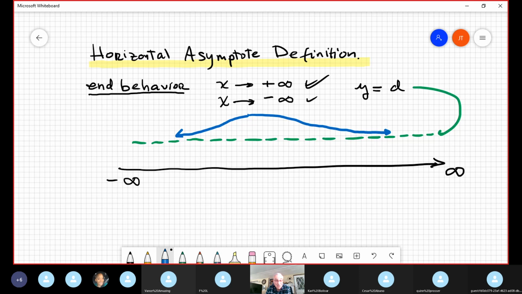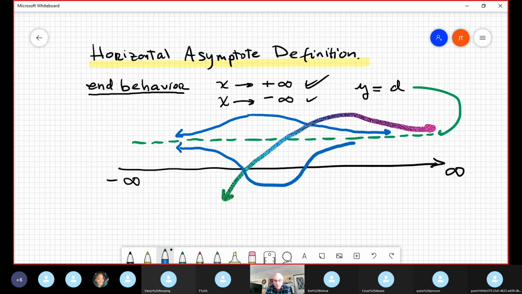Another possibility, let me use another color, is that the graph looks like that, crossing the horizontal and after approaching it, but never touching. This is the most common case, the blue case. Well, maybe like that or maybe like that.